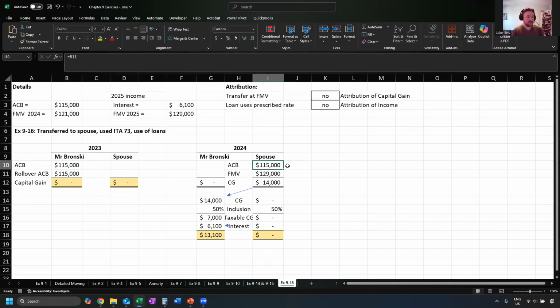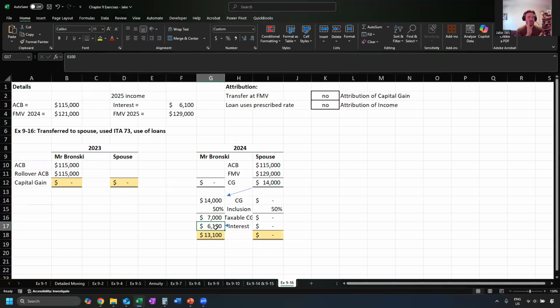Since Mr. Bronsky did not report a capital gain, the spouse, when they sold it in 2024, showed capital gains of $14,000. Those capital gains are going to move back to Mr. Bronsky's return. The $6,100 of interest that was collected is also going to be attributed because the spouse has yet to pay for them. If the spouse, let's say it wasn't sold and the spouse paid after collecting the interest.